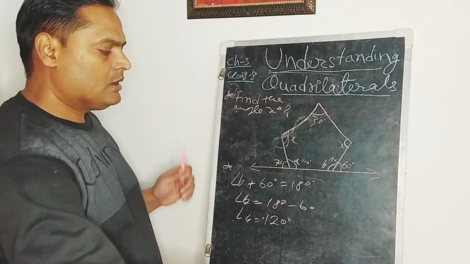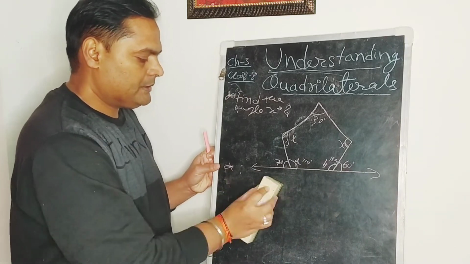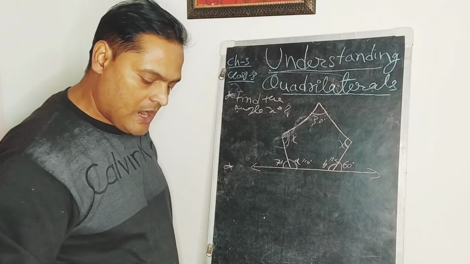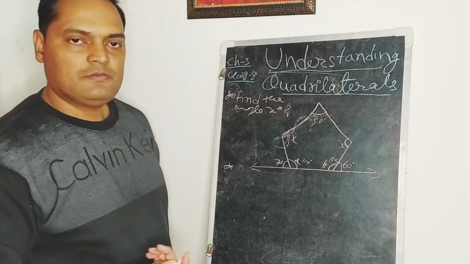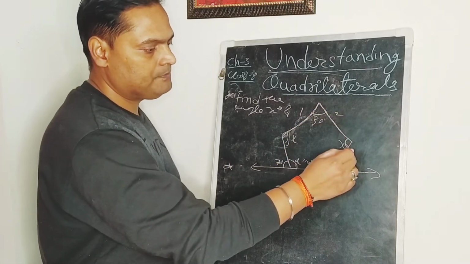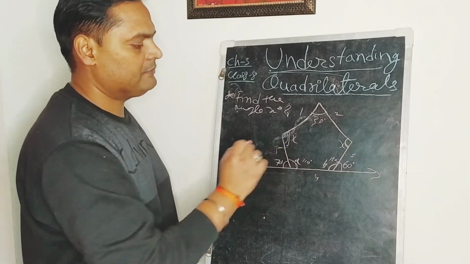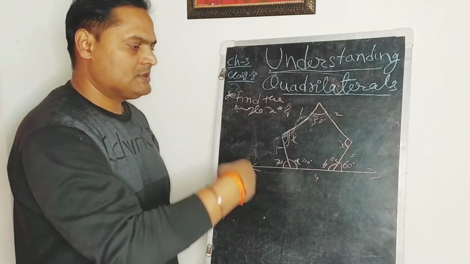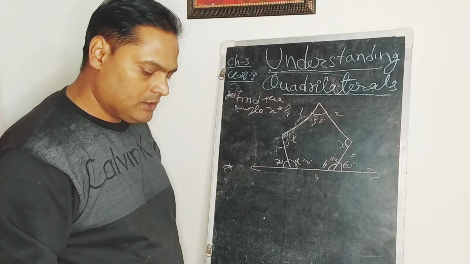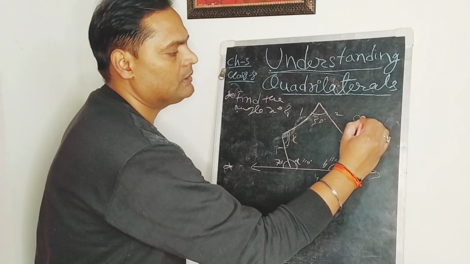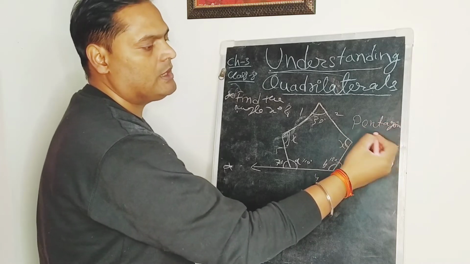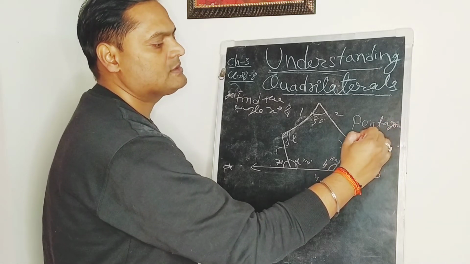We can also find it with the polygon sides. This is side 1, 2, 3, 4 and 5. So what does this form? A pentagon. And a pentagon has 5 angles.